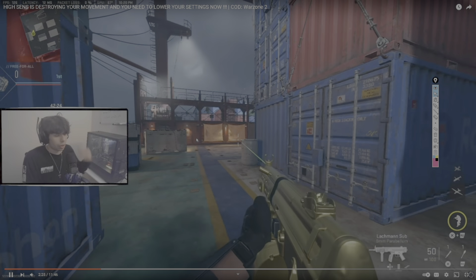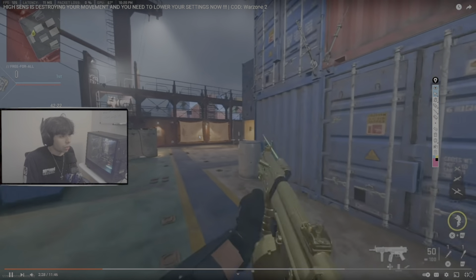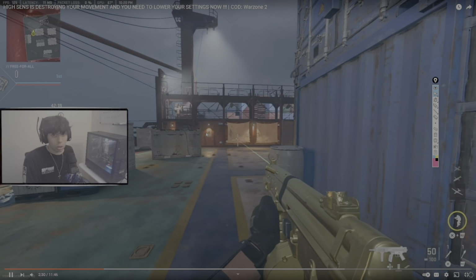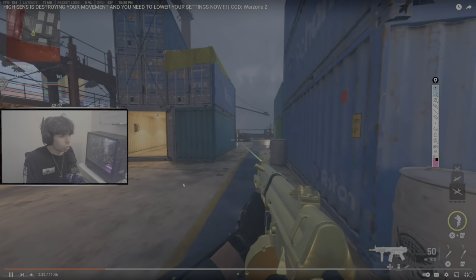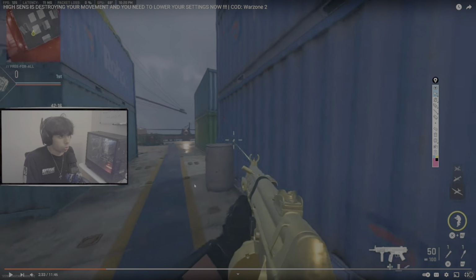So people who play on like a 15 or an 18 sensitivity, if they're turning the corner over here, usually what they tend to do is this, and then turn over here, and then walk this way. What he's explaining is very bad, and I see this with a lot of mouse and key players. They do not preload their work.